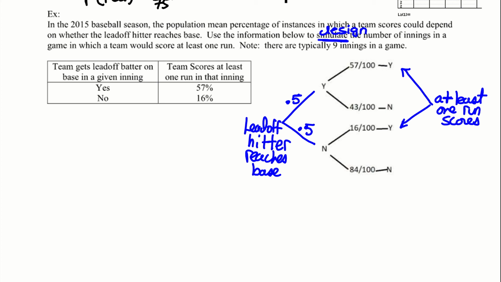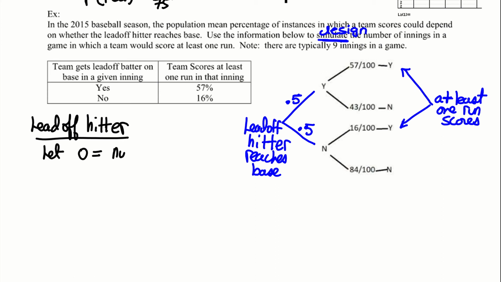Anyway, for the simulation here, I just have to come up with a 50-50 for the leadoff hitter. So it's multi-level. If you were to carry this out, it wouldn't be difficult, but just writing the setup is all I would really need. For the leadoff hitter, I'm going to let 0 equal not reach base and 1 represent reach base.